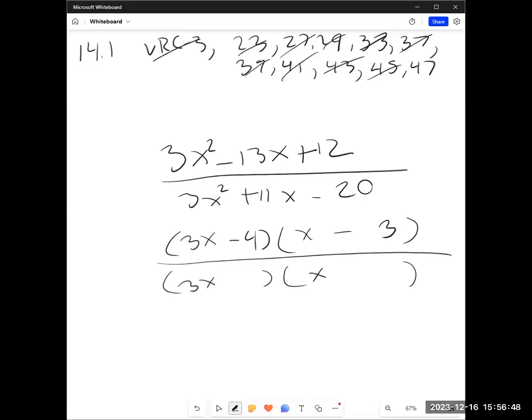And let's see. -4 and +5. That's a -20. 15 minus 4 is 11. And so that simplifies to x minus 3 over x plus 5.